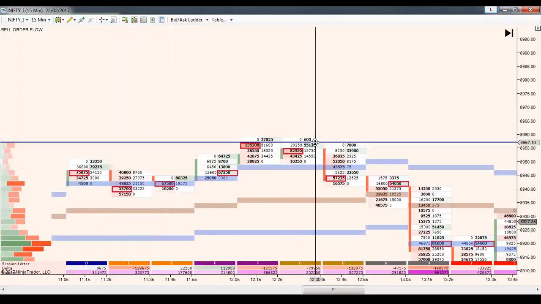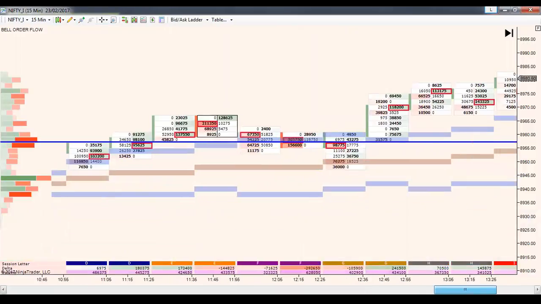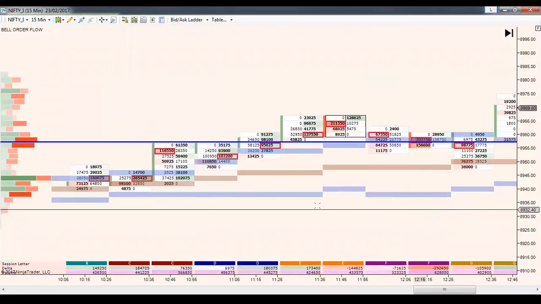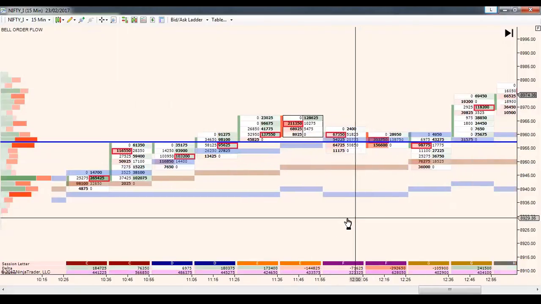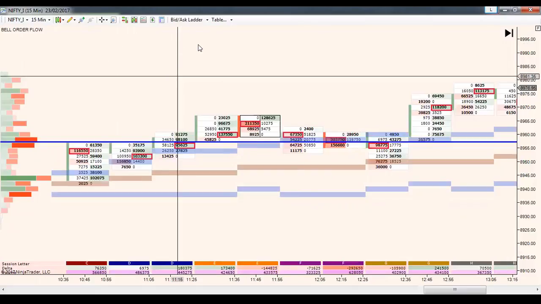Okay, so this was yesterday's high, and this was the first attempt to reject above yesterday's high. Now the first signs can be that you get some buyers trapped at the top.